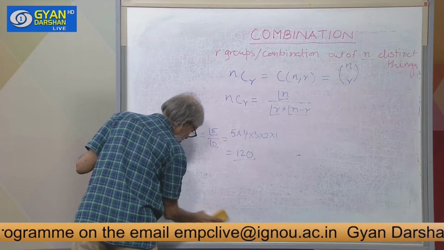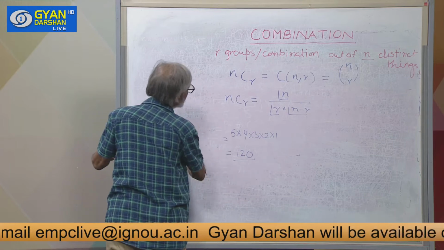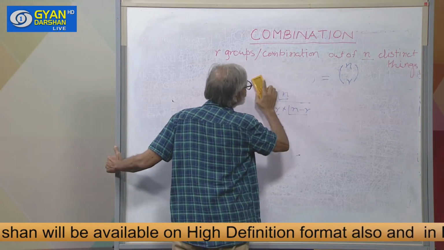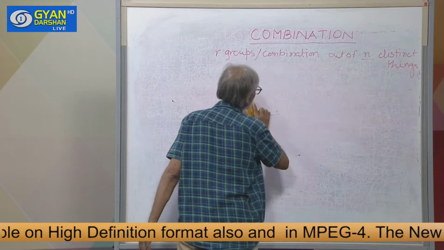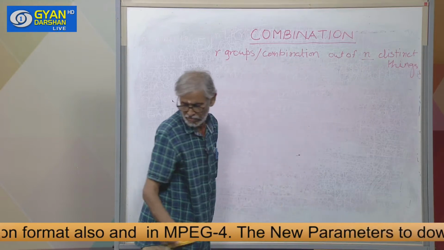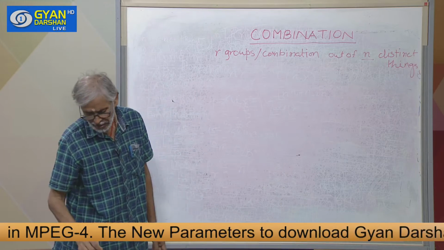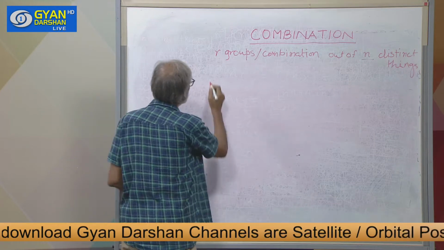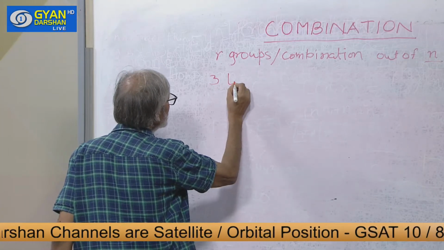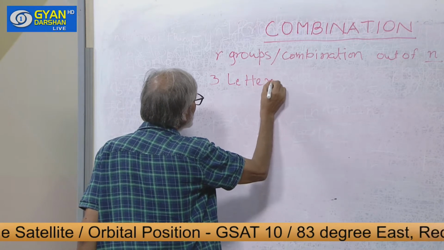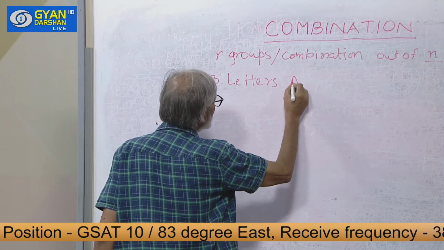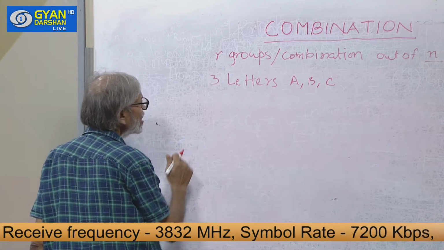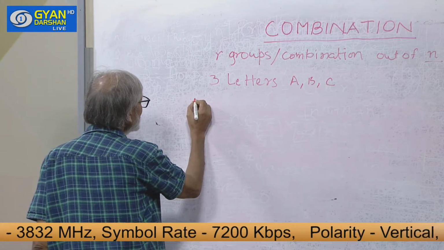Let us take a few examples. Let us take a very simple example. Three letters are there, A, B, C. Let us take one out of these three, say 3C1.